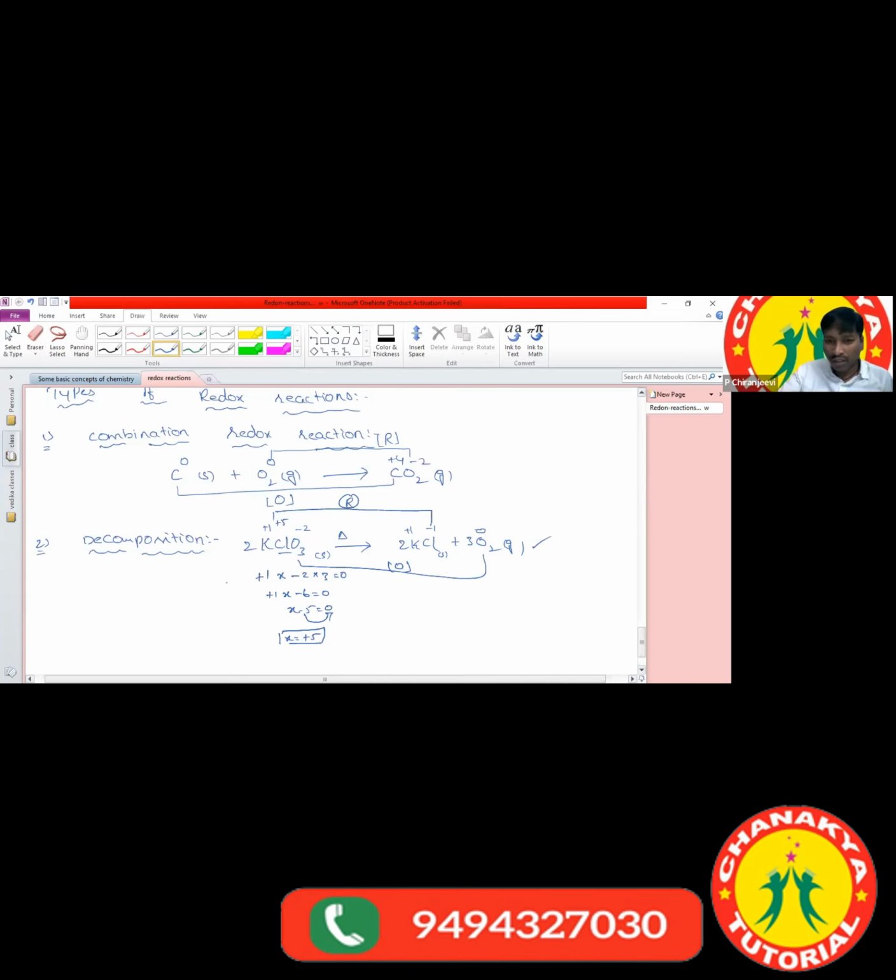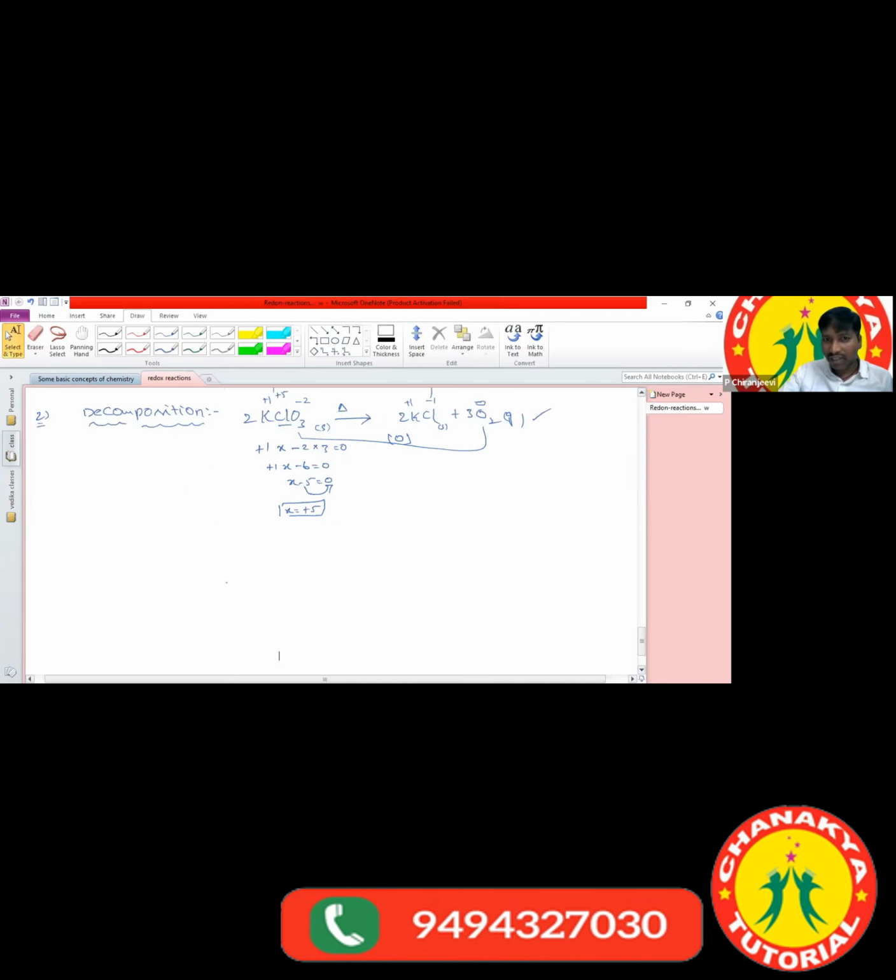Now we have one more question here. It is a previous year question. Is the decomposition of calcium carbonate an example of a redox reaction or not?